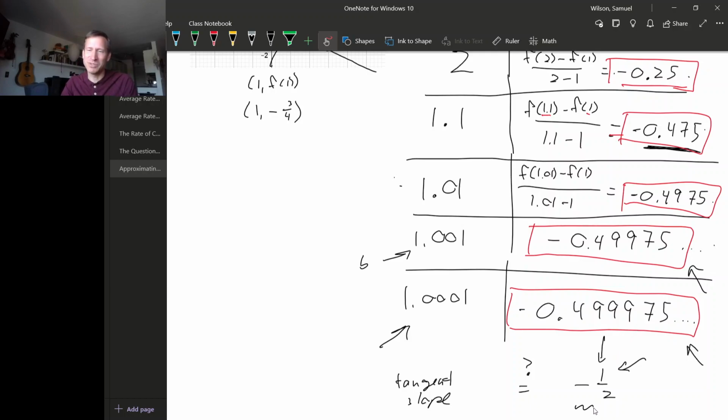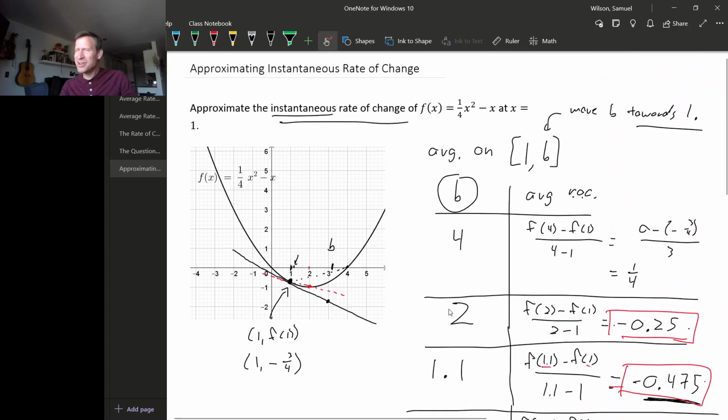So for this example, we just made a nice round even guess of -0.5, but it might not be clear in general what to guess as you generate more and more approximate secant slopes. So this process of generating better and better approximations by making b closer and closer to a, it's a good idea, but in practice it has some severe limitations. So we're going to have to eventually come up with a better way of doing this.